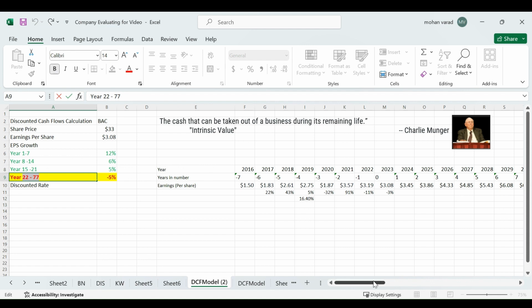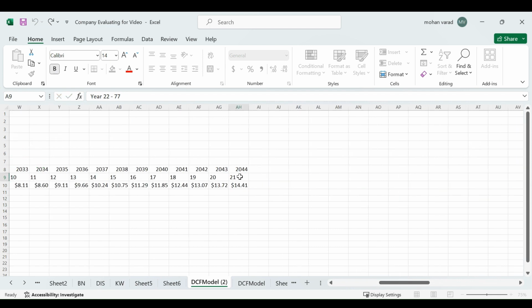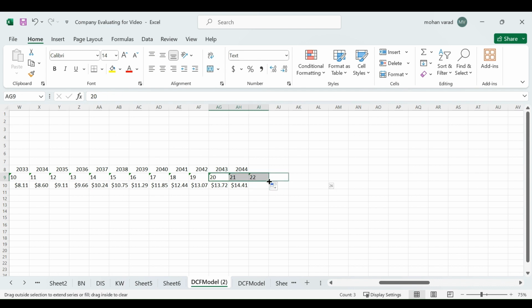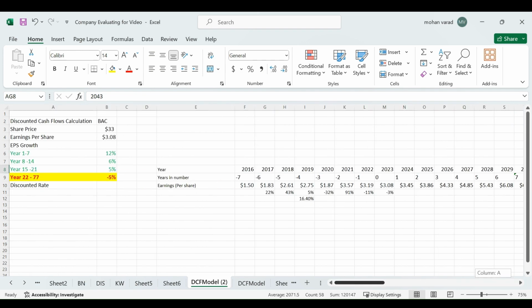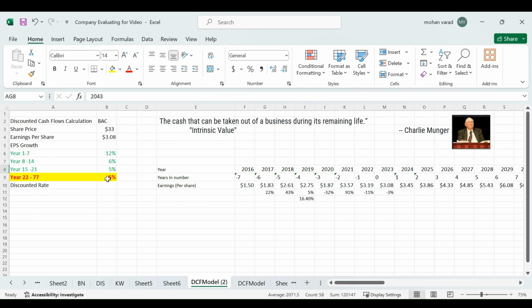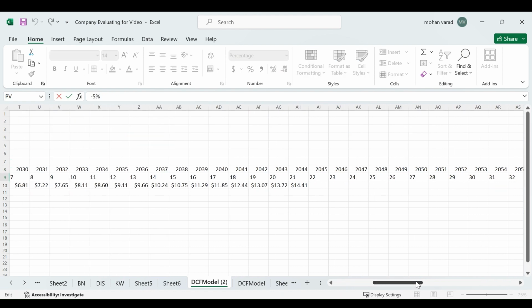Let's assume it like that. Now let's drag these years all the way up to 77, from year 22 to 77. And this time we are taking negative 5% for calculating the earnings per share, which will be negative.